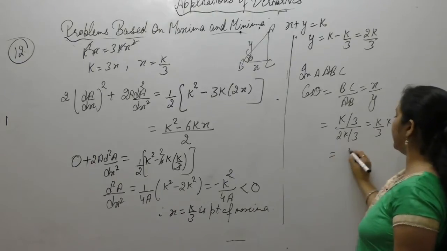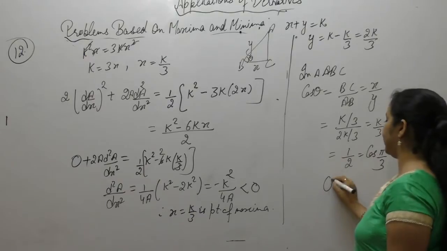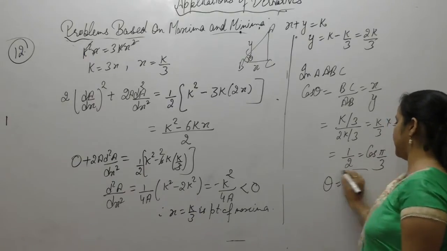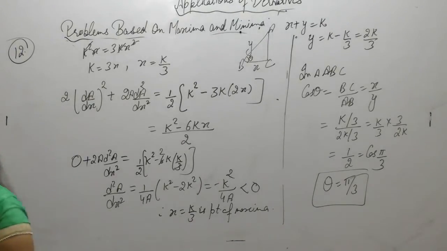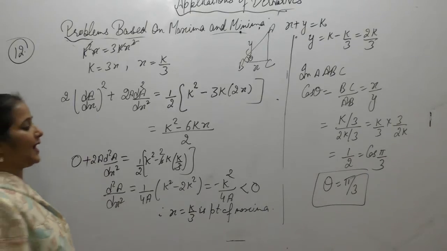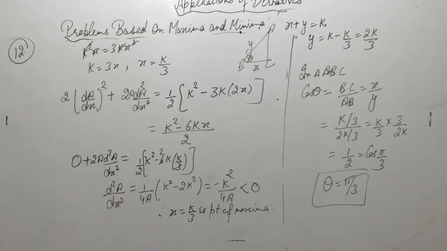So we get 1 upon 2, and 1 upon 2 is the value of cos pi by 3. So we get theta as pi by 3. This is what we want to prove. Therefore, area of triangle is maximum when the angle theta between base and hypotenuse is pi by 3.